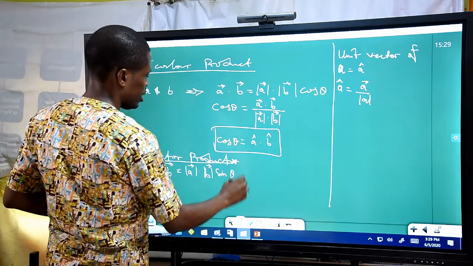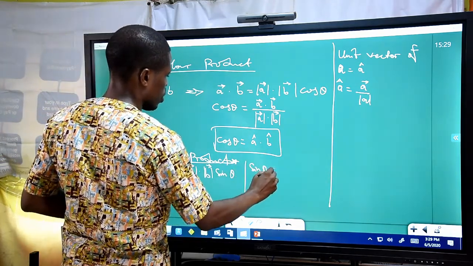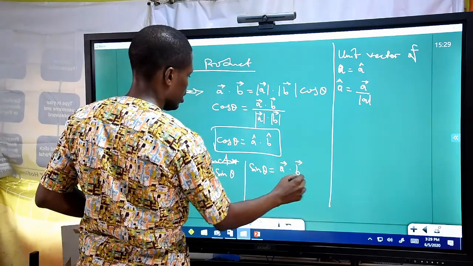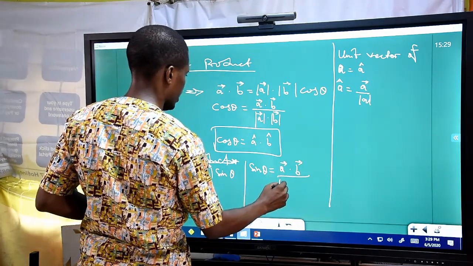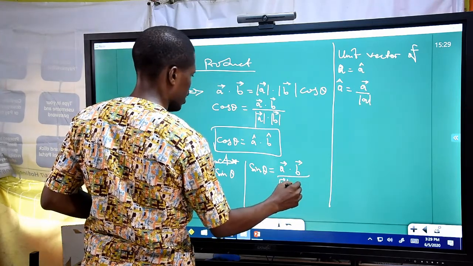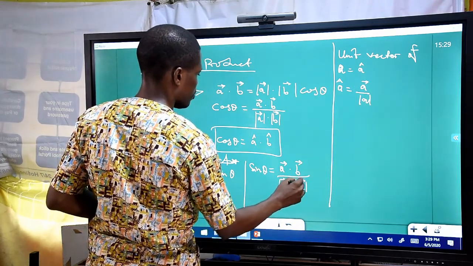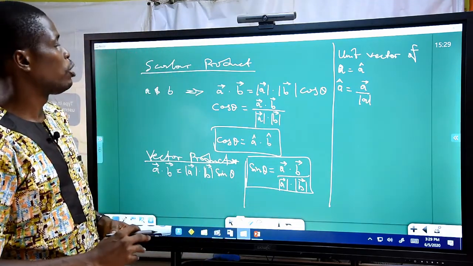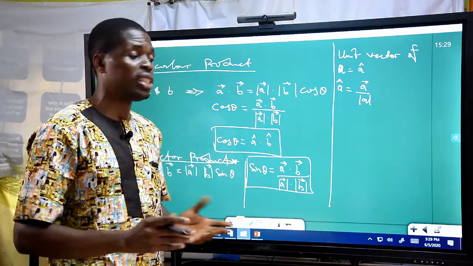So that means sine theta is equal to modulus of A cross B divided by modulus of A multiplied by modulus of B. So we can use this to solve sine theta, the sine of the angle between them. So we can also use this to find the angle between the vectors.